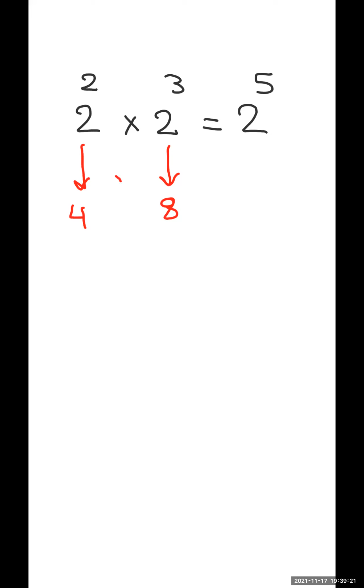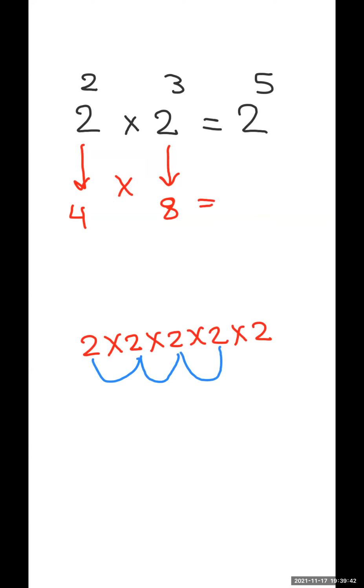Now, 4 times 8 actually equals 32, and 2 to the power 5 means 2 multiplied by itself 5 times. Okay, let's check. 2 times 2, 4 times 2, 8 times 2, 16 times 2, so 32. So actually that's correct 100%.